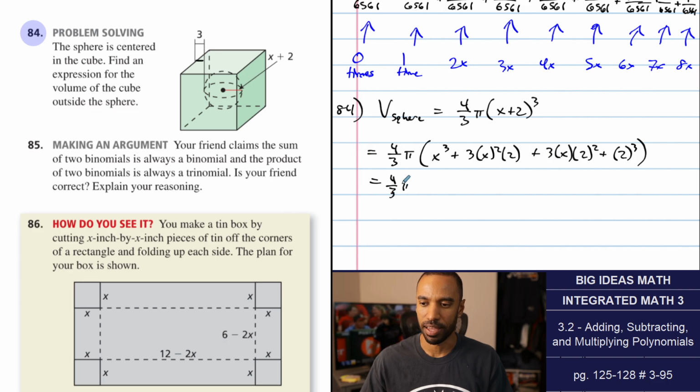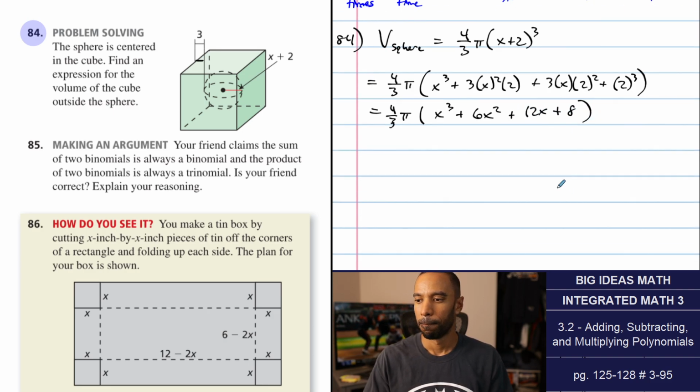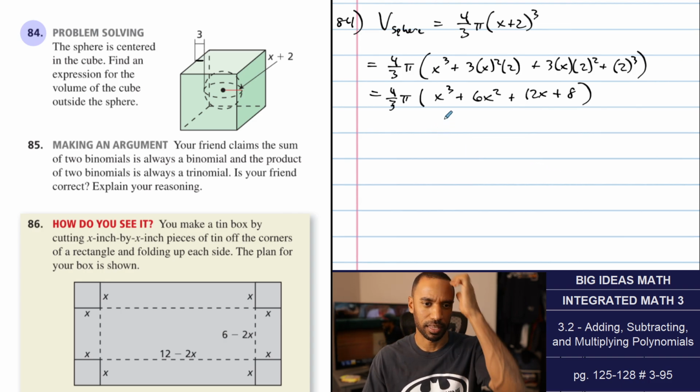That's the expansion of that cube. So x cubed plus 6x squared plus 12x plus 8. Leave it like that for now, I guess.